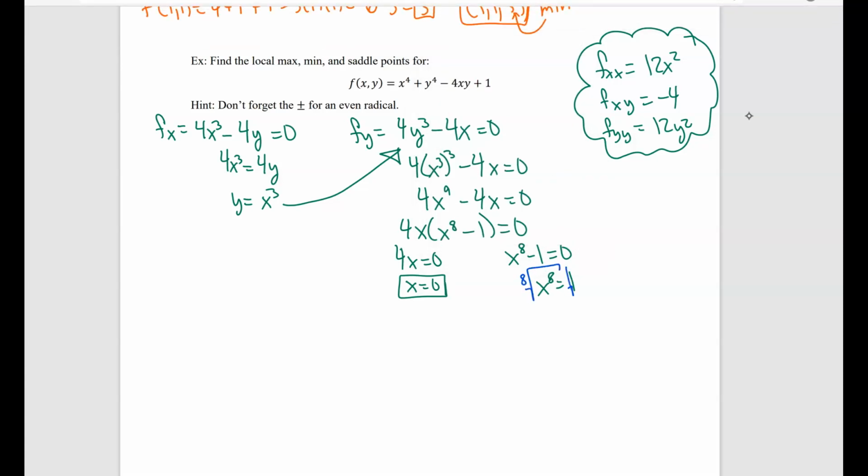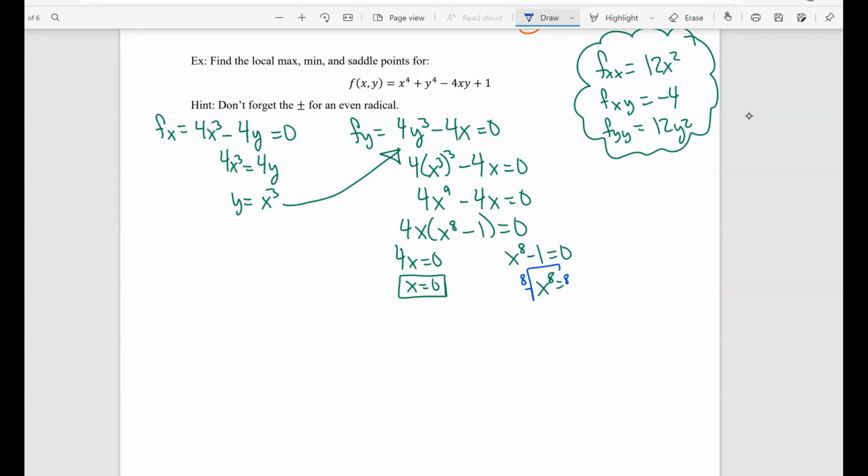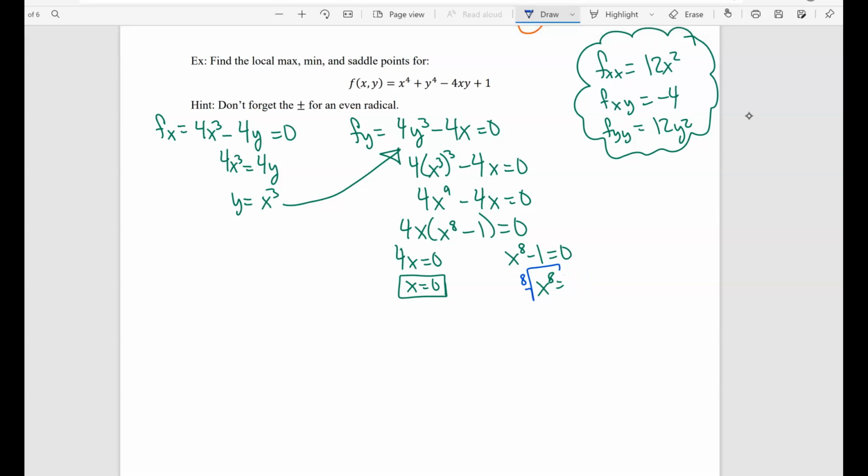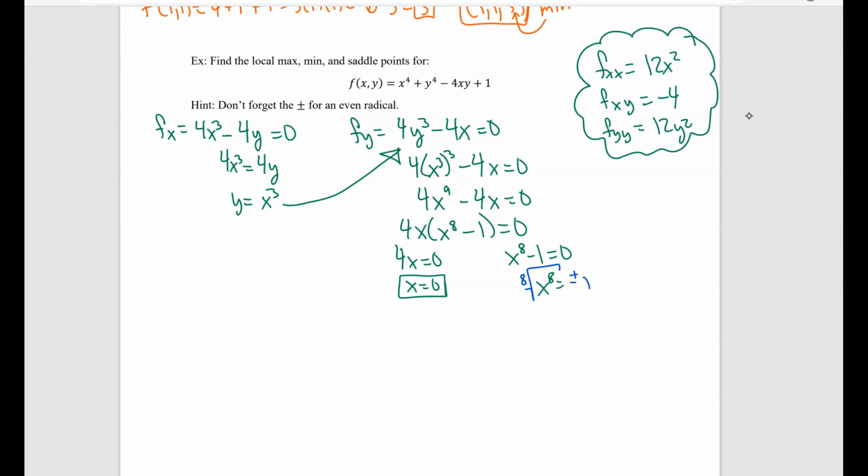Whenever we take a root that has an even power, we have to add plus or minus, just like we had with a square root. So here we're going to have plus or minus the 8th root of 1. So x in this case will be plus or minus 1. So you got 2 x values right there.